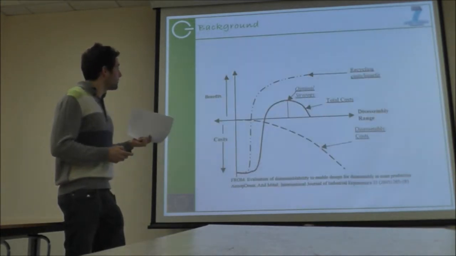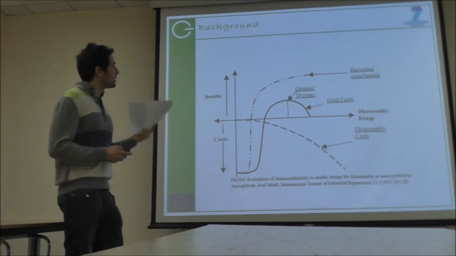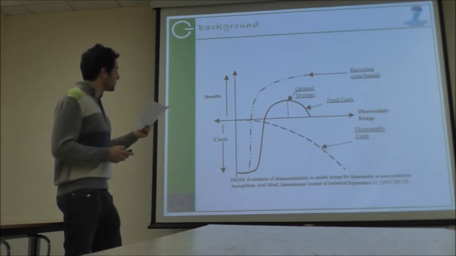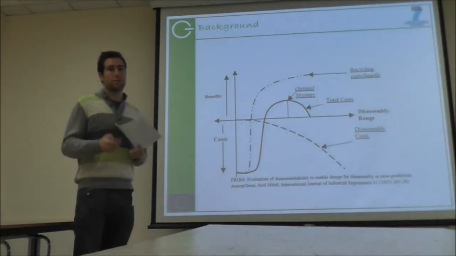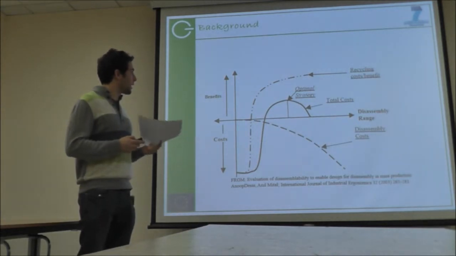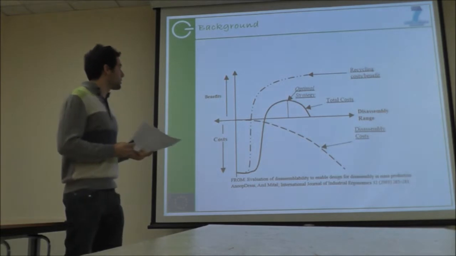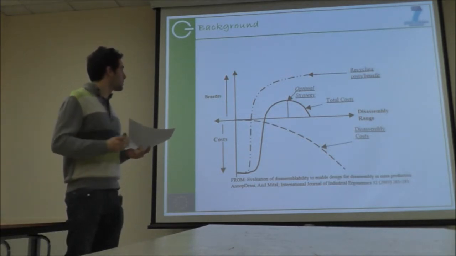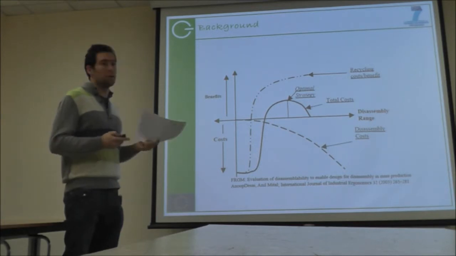In this graph here, we can see that if we increase the disassembly range, the recycling of course increases, but also the cost due to the actions and processes increases. So we have to find a certain range that allows us to obtain the highest benefit, the so-called optimal point or optimal strategy.